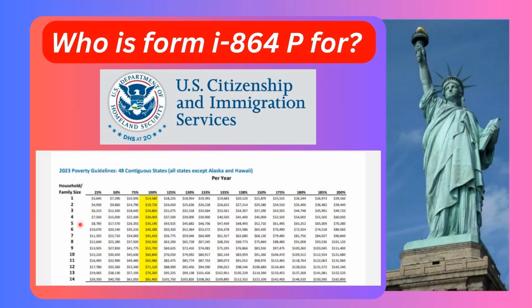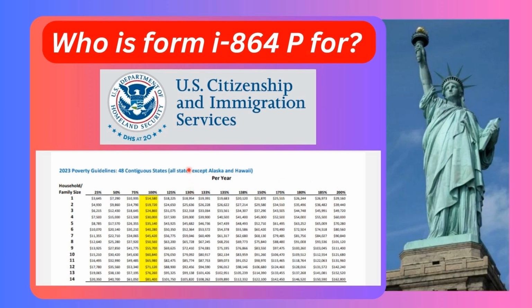So depending on your household size as a sponsor, plus the person you are sponsoring, if there are more than one, how many there are, you add them to the household size and look at the total number and determine your requirement, the threshold you must meet to satisfy the government about your capability to support the intending immigrant.